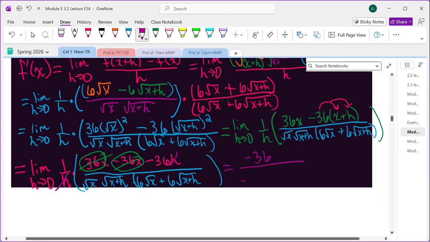The bottom will be the square root of x times the square root of x plus 0, which will just be the square root of x, and then times 6 square roots of x plus 6 square roots of x plus 0.